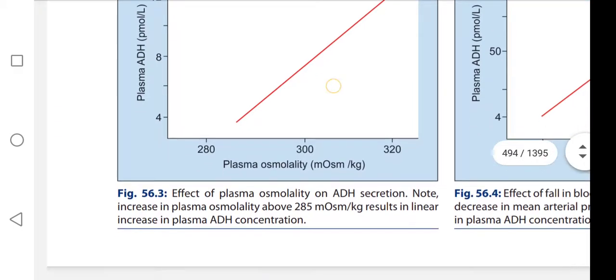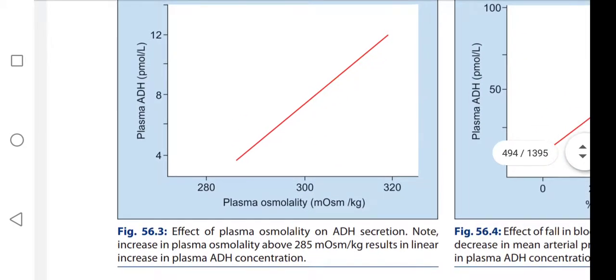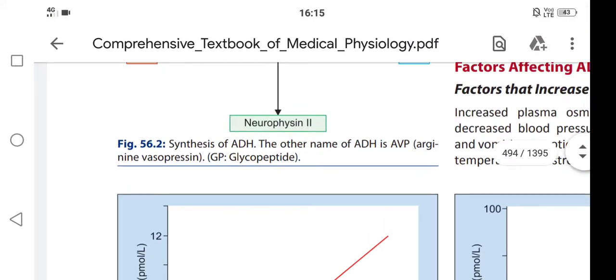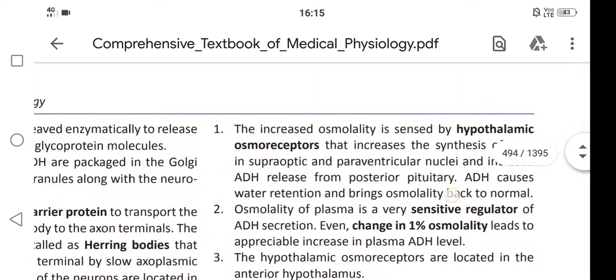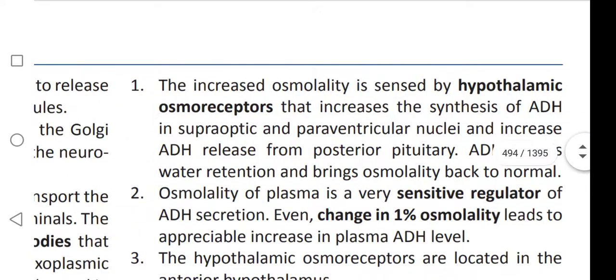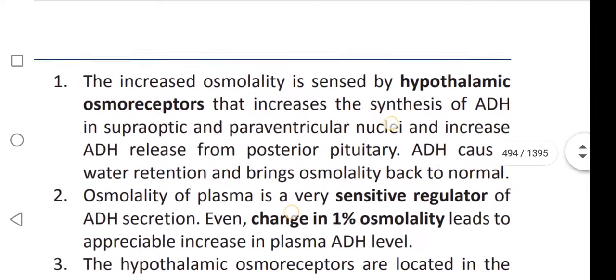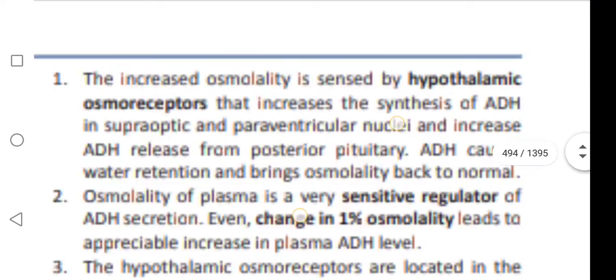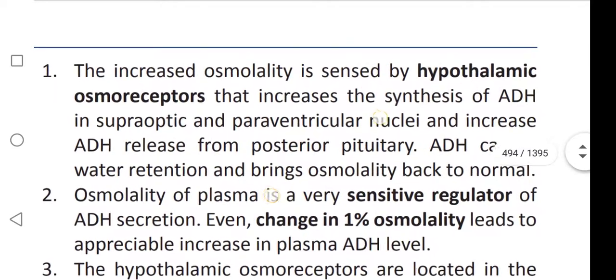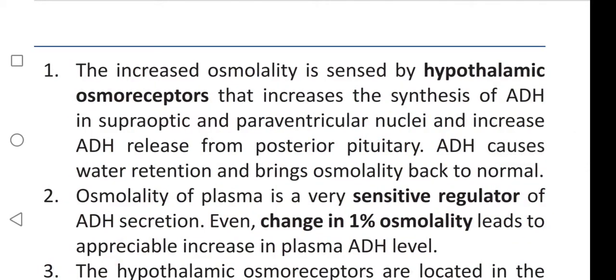If you see the linear line here, linear increase. Don't forget the number 285 milliosmolality per kg, that causes the proportionate increase in antidiuretic hormone in plasma.